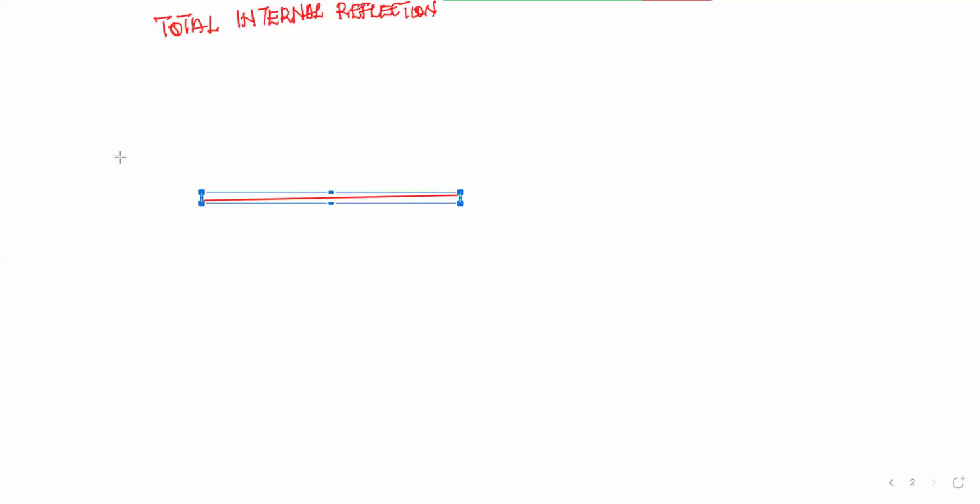So we looked at whenever light travels from glass to air. The light is from glass, whose refractive index is mu g, and coming out into air, whose refractive index is mu r.